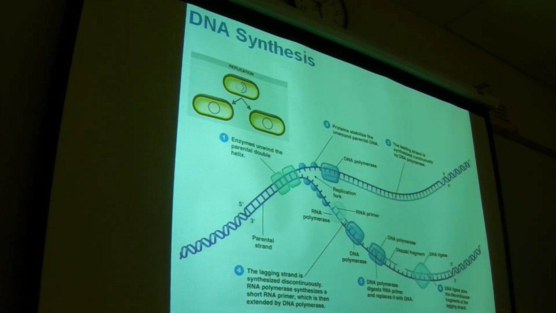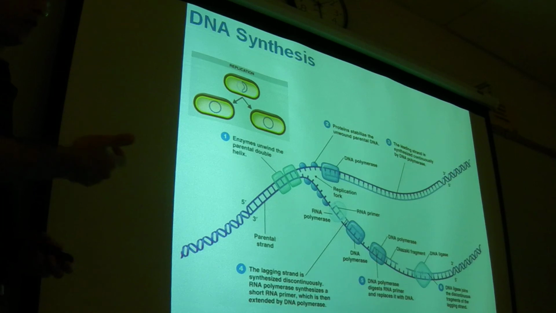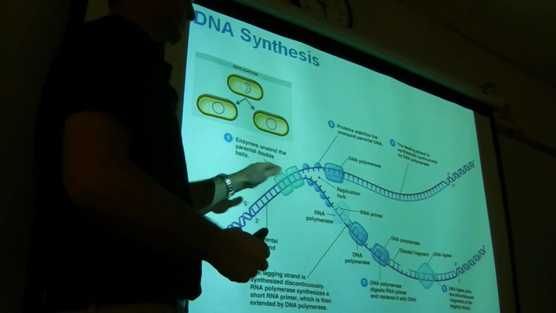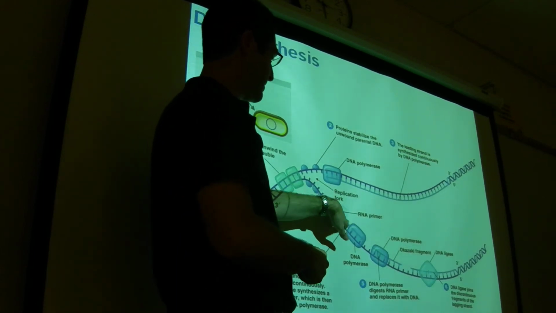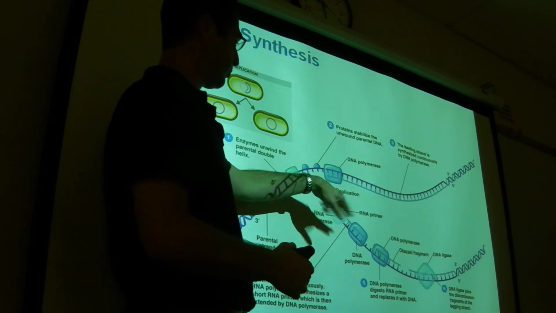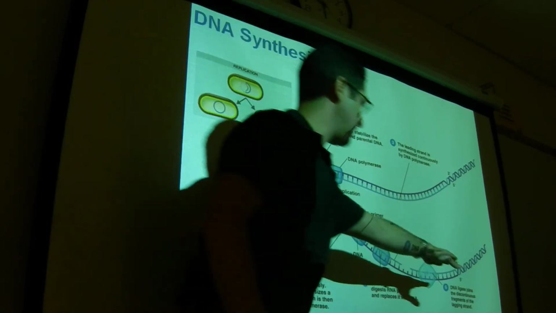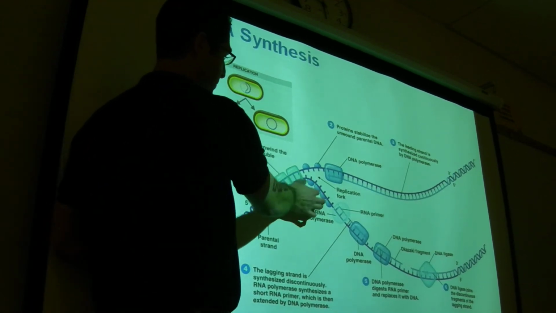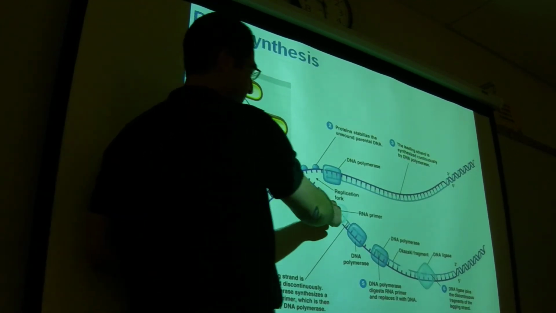Okay? Now, because DNA polymerase can only work in one direction, it can't do that on the bottom strand because it's anti-parallel. So this DNA strand is actually in the other orientation. So DNA polymerase, because it can only work 5' to 3', can't go in this direction. So what it does here is, as it opens up, it binds here and starts to fill in the gap.